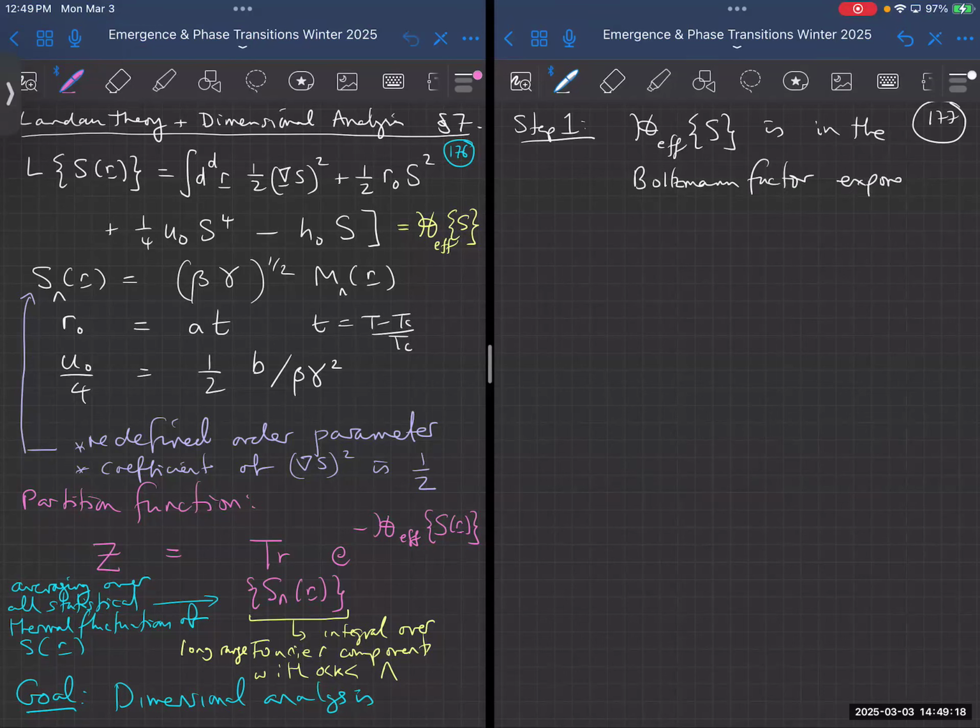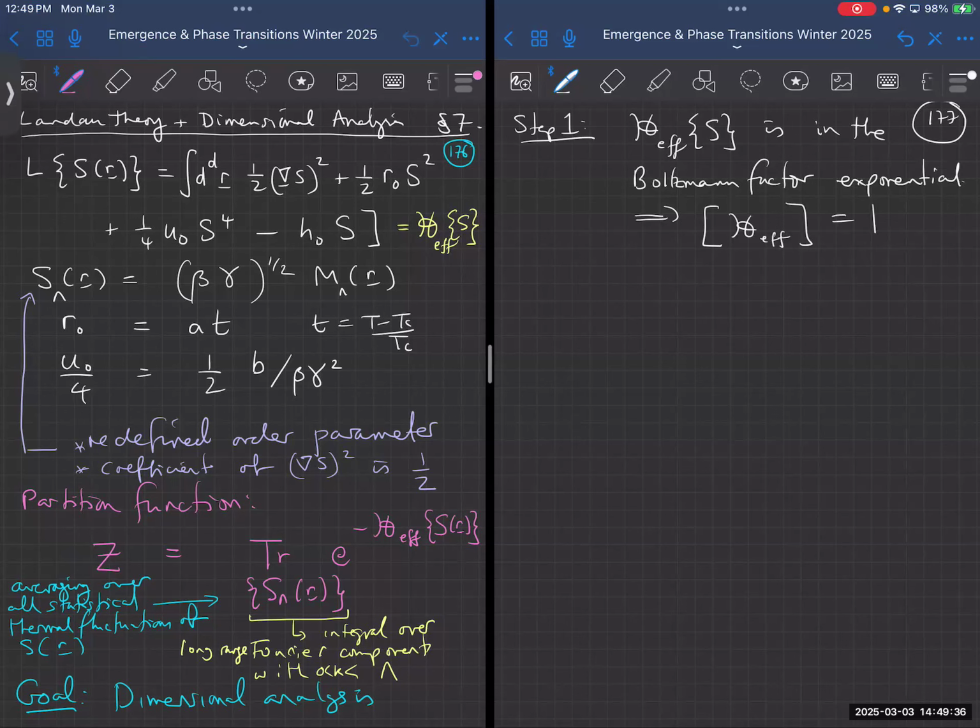We've rescaled out kT, and so it's just H in the exponential. And if it's in the exponential, it must be dimensionless. So the dimensions of the effective Hamiltonian are equal to 1.